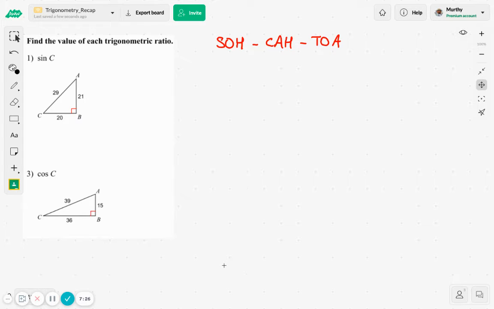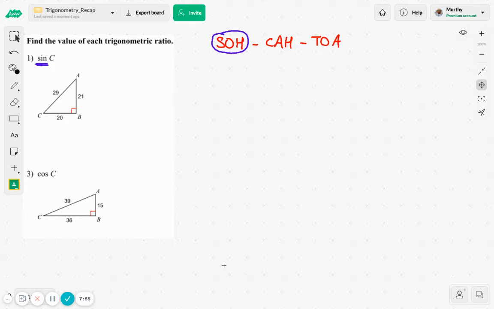You may remember the word, I mean this sentence kind of thing, but when you make a mistake while writing the spelling, you will mess it up. I don't want you to do that, so please do write the entire spelling. Coming to the first question, I see that it is sine. So sine means I have to go with the first part, which is SOH. Right?